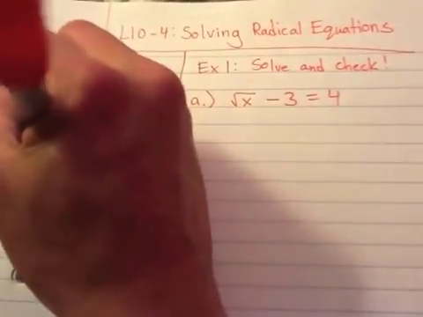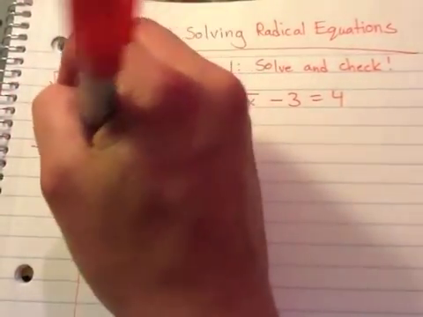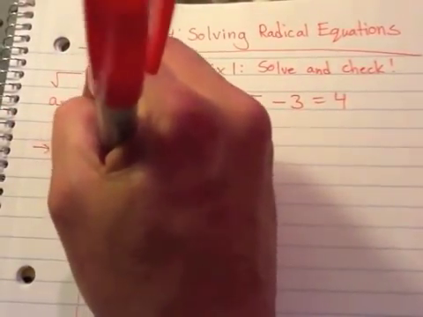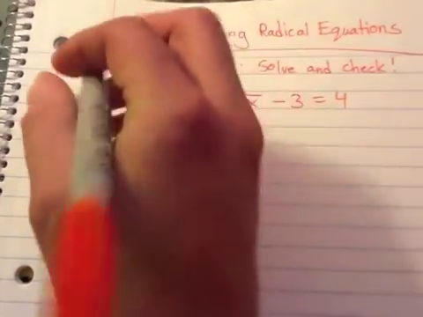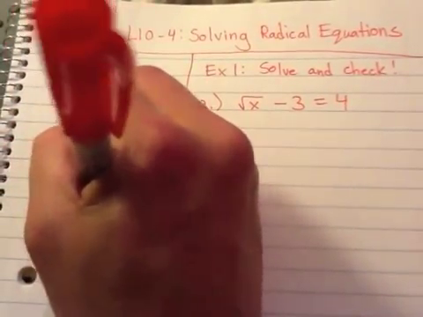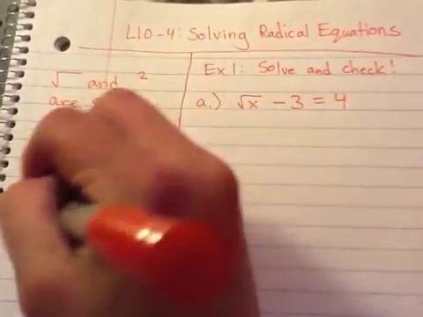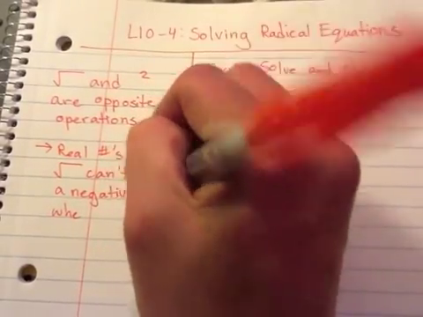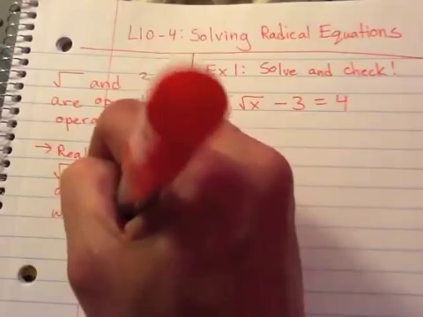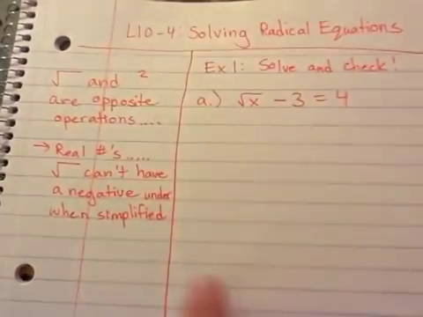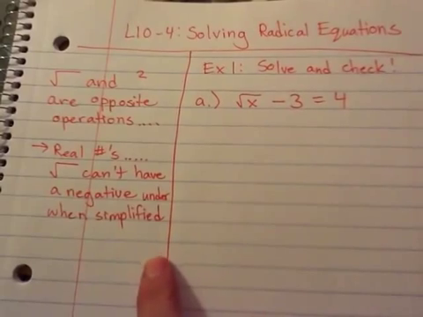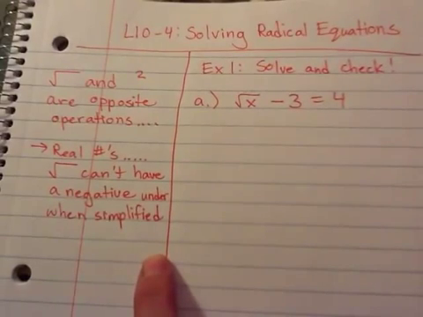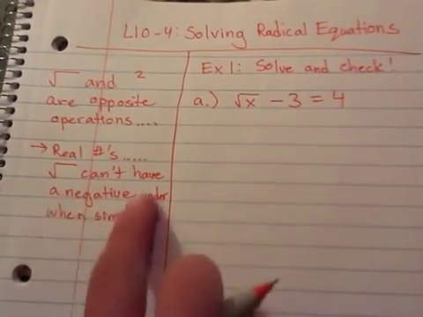Also remember what I was just talking about. With real numbers, a square root can't have a negative under it, when simplified. And the reason I'm saying when simplified is because sometimes we'll have something like the square root of negative 3 times negative 2. Well, negative times a negative ends up being positive. So don't automatically jump to this.